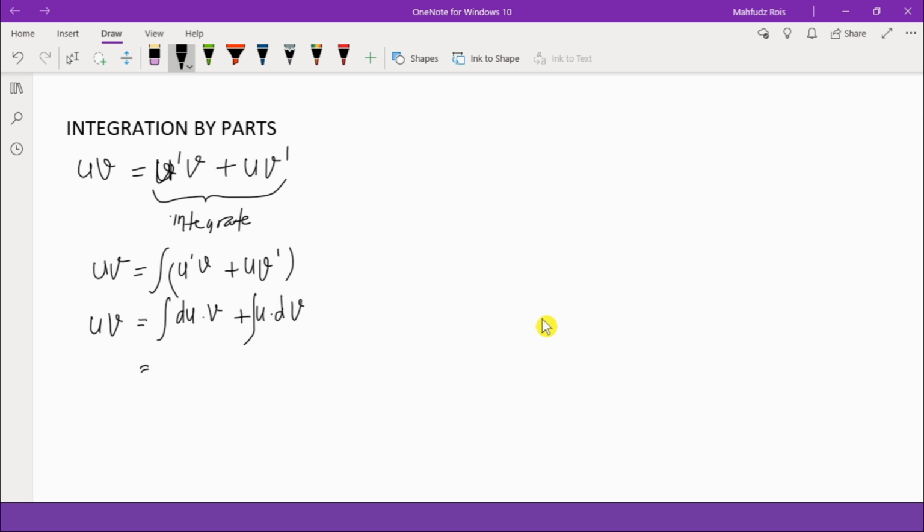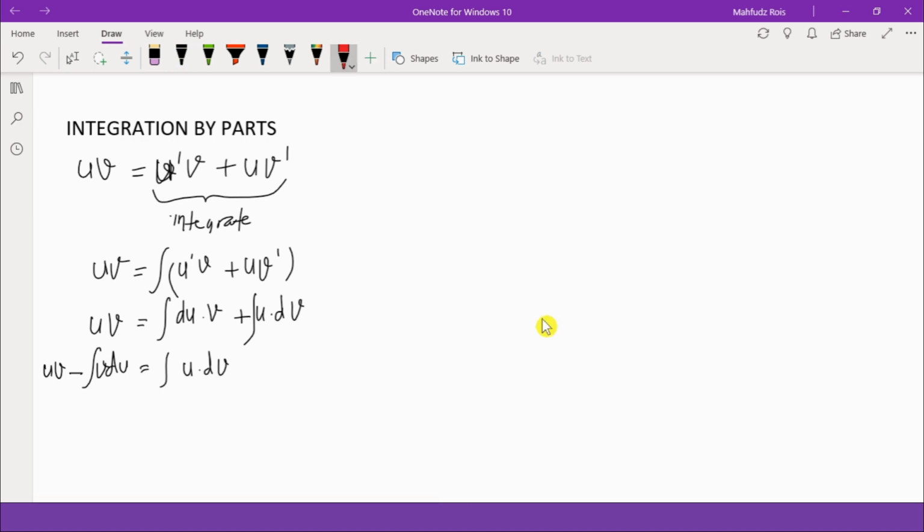Here you will have uv minus, we move this integration of v du to the right. So you will have the formula of integration by parts.